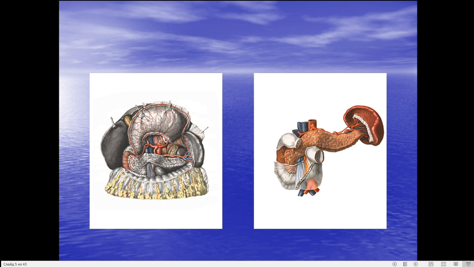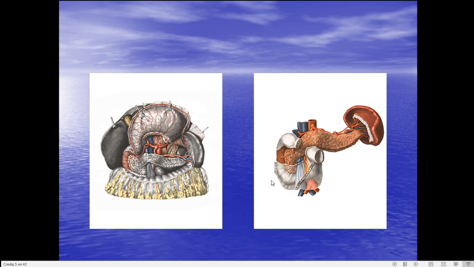Now, anatomy of pancreas. When we discuss the diagnosis of cancer of pancreas, it's important to know.